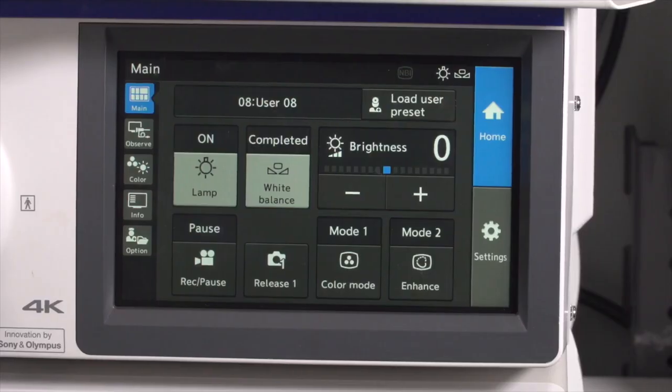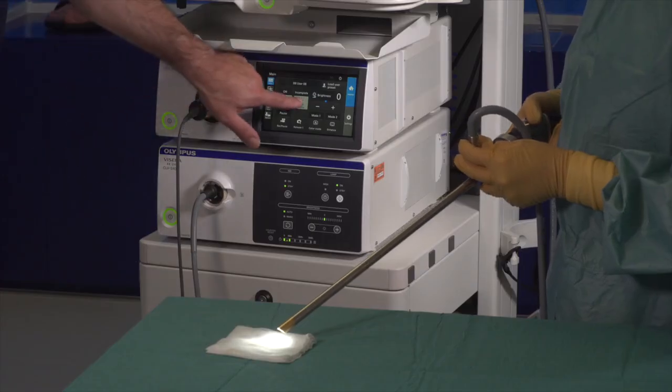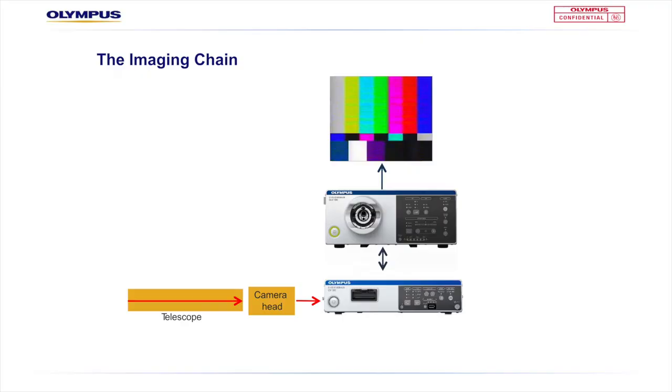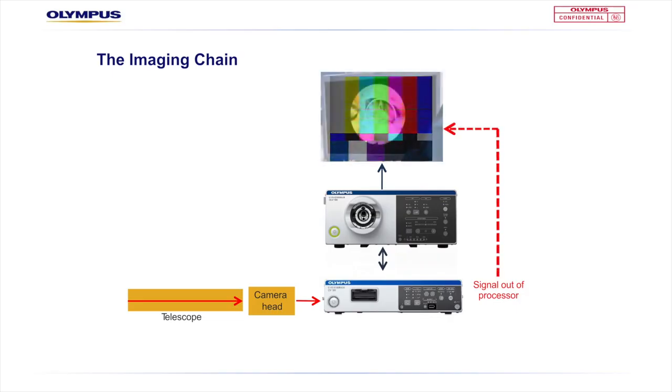The white balance is also performed on the processor, and the white balance is set by pressing the allocated button once you've connected your light source and turned on the light. The processor also allows us to turn the digital image into a signal that we can output and that we can display on the surgical monitor. There are a number of different signal types that can be put out by the processor, depending on which monitor you need to use or which cables you have available.